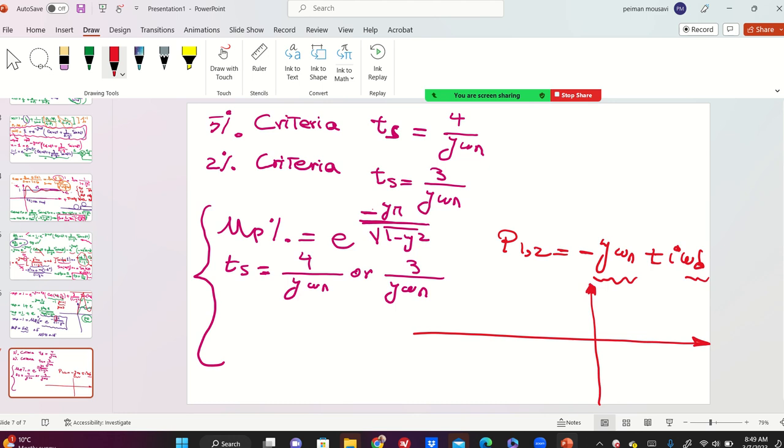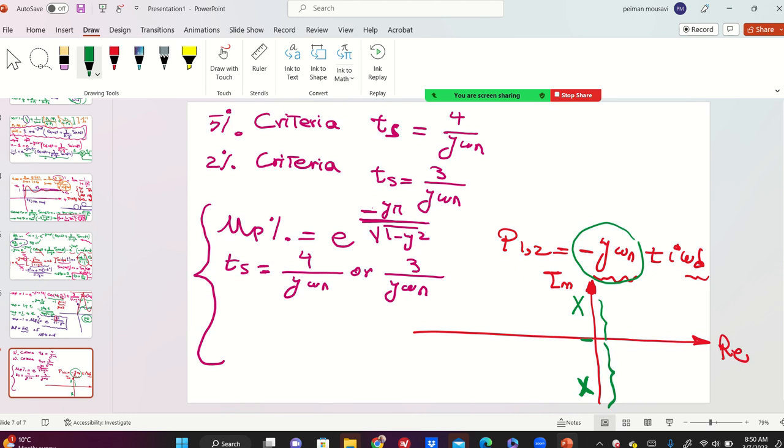Look at here. Listen very carefully, because when it comes to ME430, if you have this, a pair of complex conjugate poles, right? If you come to ME530, this means that the poles of the system have a low value of zeta omega n, but a high value of what?